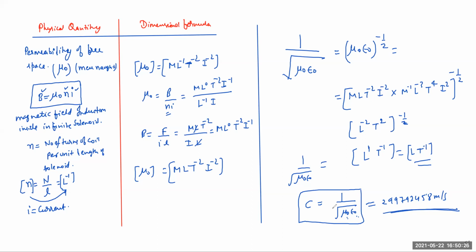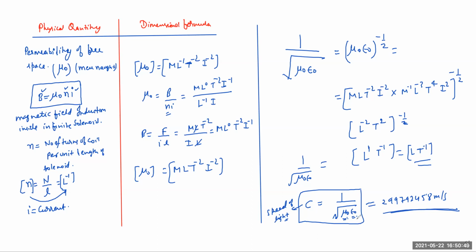So this is called speed of light. And because of this relation, we say the light speed is electromagnetic. So light is an electromagnetic wave because it depends on the electrical and magnetic property of vacuum.